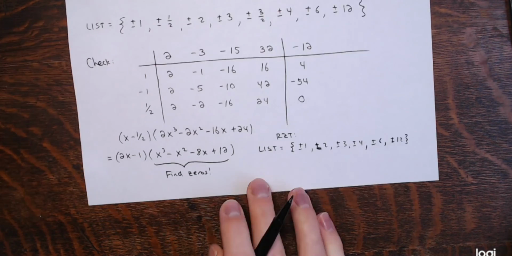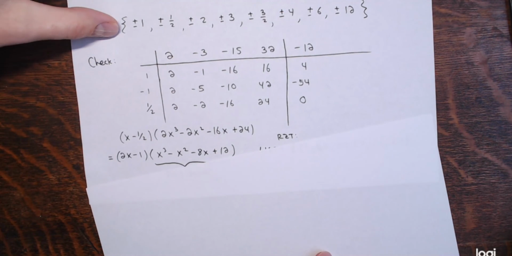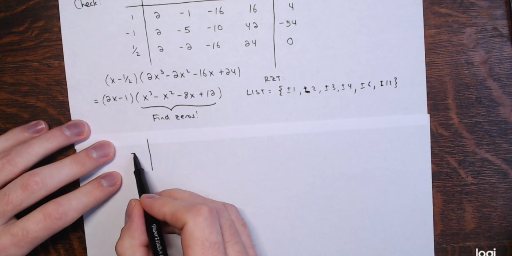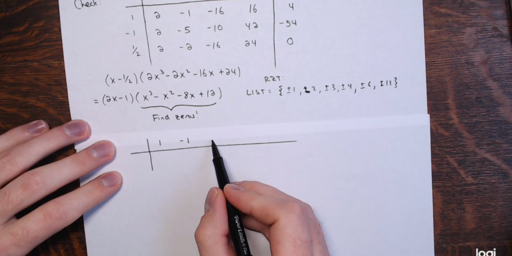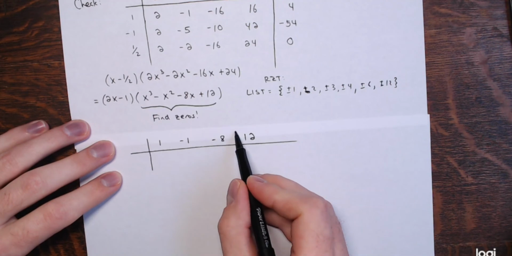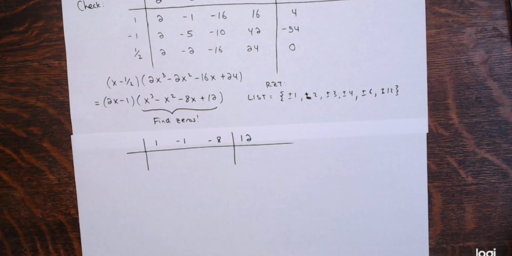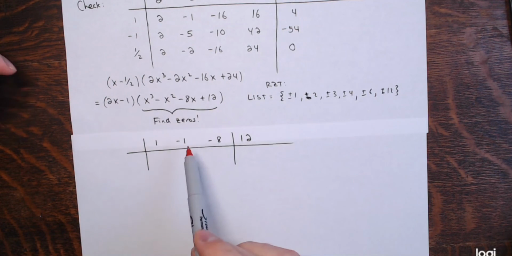So I'm going to start over again with the synthetic division with the degree 3. So 1x cubed, negative 1x squared, negative 8x, and positive 12. Now here's the nice thing. If a number wasn't a 0 earlier, it's not going to be a 0 now.